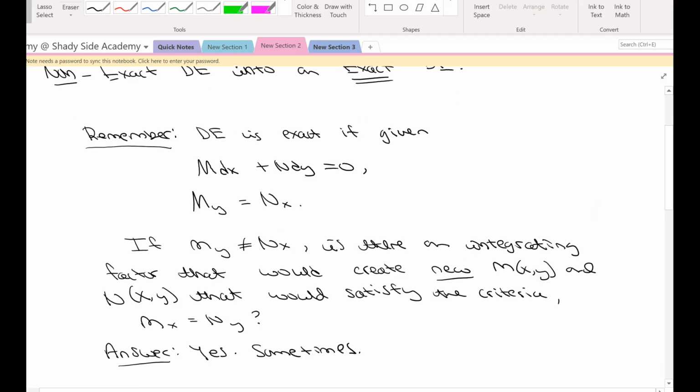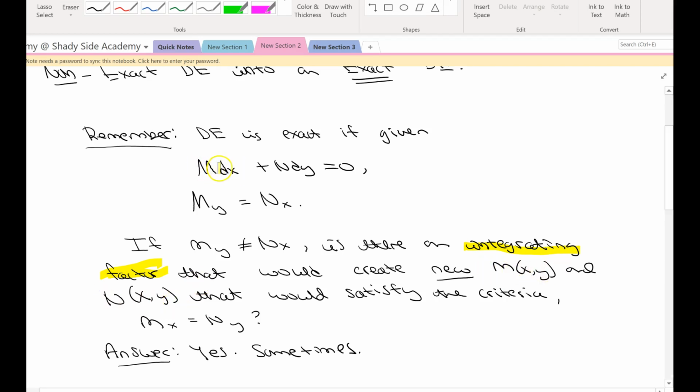If M sub y doesn't equal N sub x, is there something that you can multiply the diffie-q by? Okay, there's that word integrating factor. Is there something that you can multiply the differential equation by that would create essentially new functions M and N?